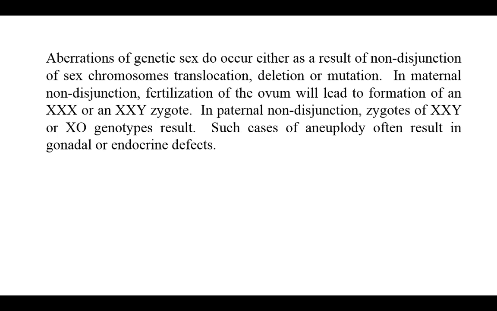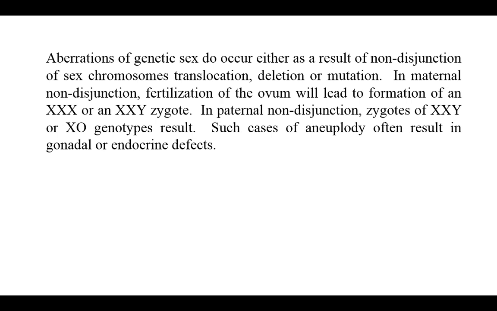Aberrations of genetic sex do occur either as a result of non-disjunction of sex chromosomes, translocation, deletion, or mutation. In maternal non-disjunction, fertilization of the ovum will lead to formation of an XXX or an XXY zygote. In paternal non-disjunction, zygotes of XXY or XO genotypes result.